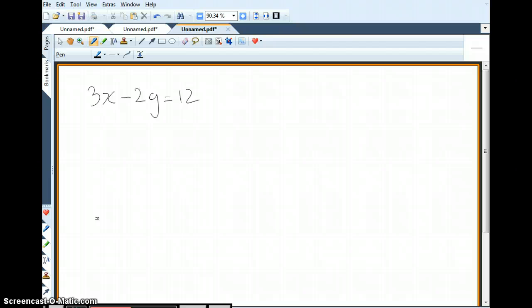Okay, here's another example. We're trying to find the x-intercept first. To find the x-intercept, we make what? Make y equal to 0.